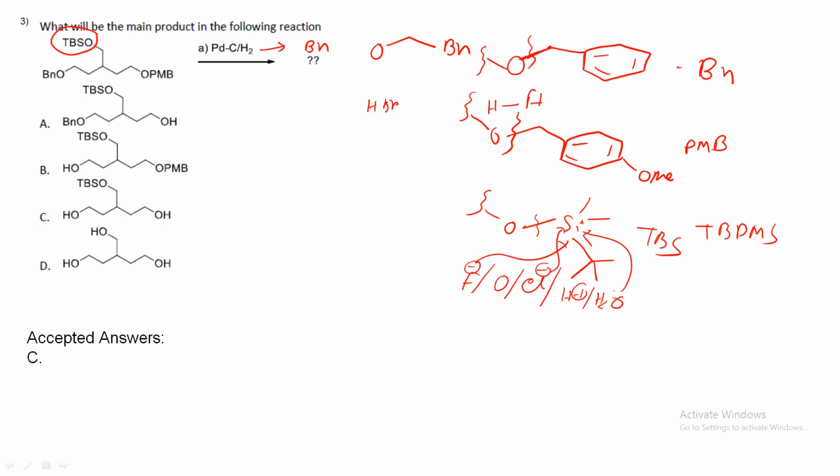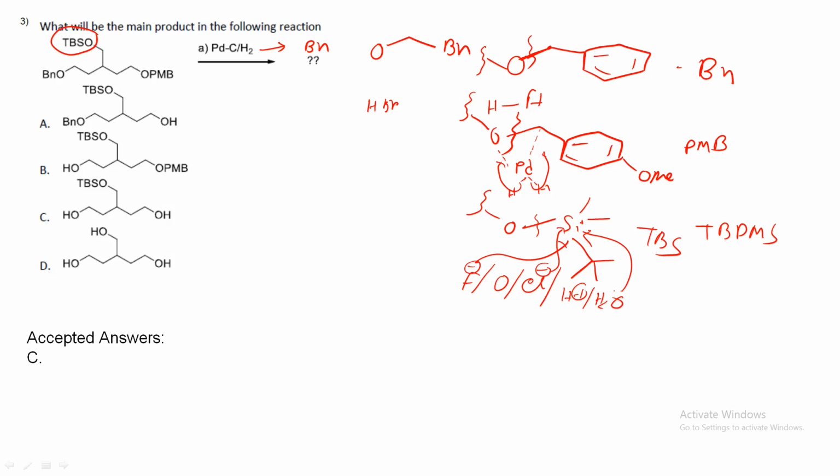There are many proposed reaction mechanisms, but you can think of one. Here palladium does a kind of oxidative addition, then hydrogen is there, and after that the reductive elimination followed by migration generates the alcohol, followed by the CH. That's how this deprotection happens.